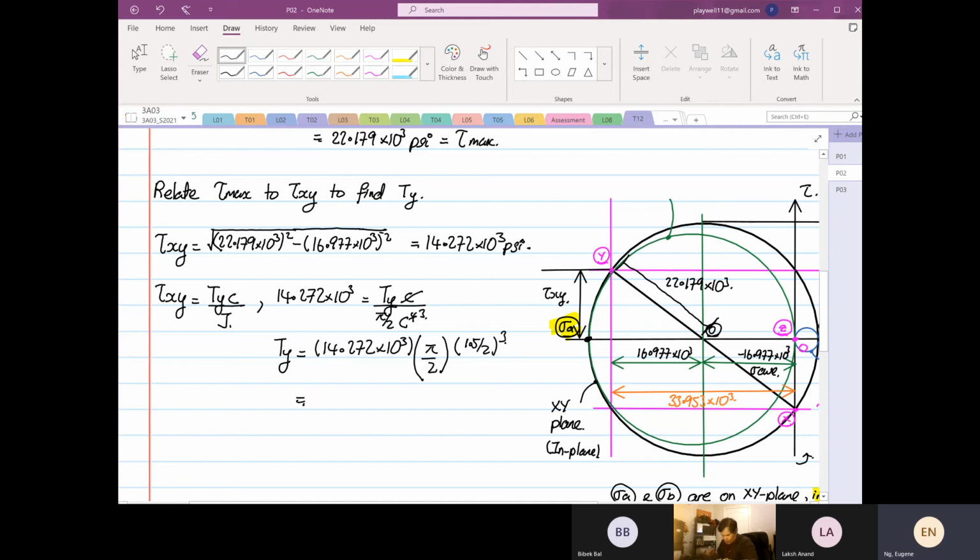Okay, so the torque is equal to 9.458 times 10 to the power 3 pound inch. Okay, we know that.